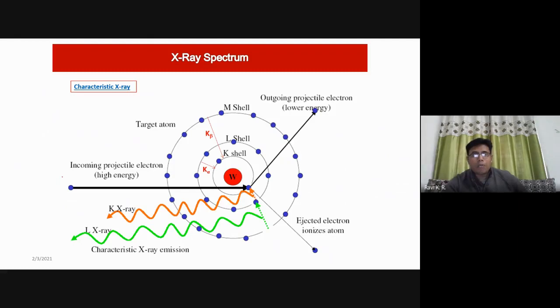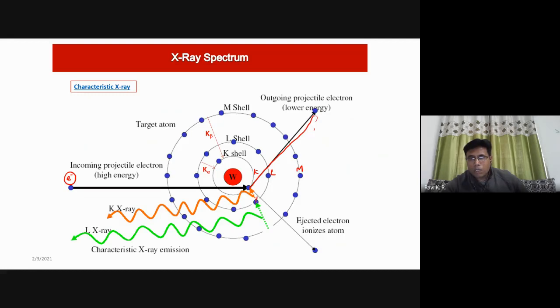Basically you have an electron, the incident electron, coming in. It knocks out the K shell electron. Let's say this is your K shell, this is your L shell, this is your M shell. The K shell becomes vacant.